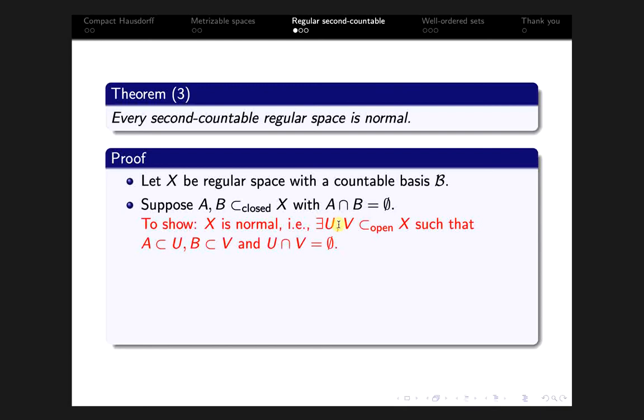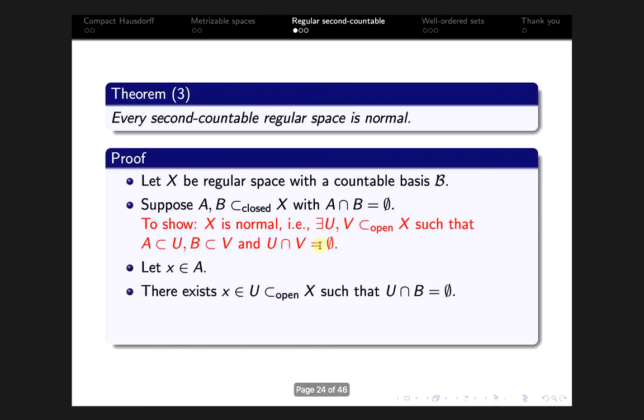Now let us consider an arbitrary point little x in the set A. Little x in A means little x is not in B, because they are disjoint. So x is in B complement.